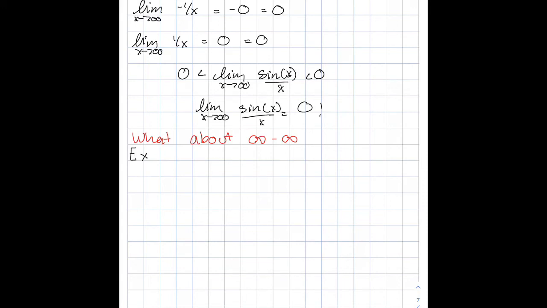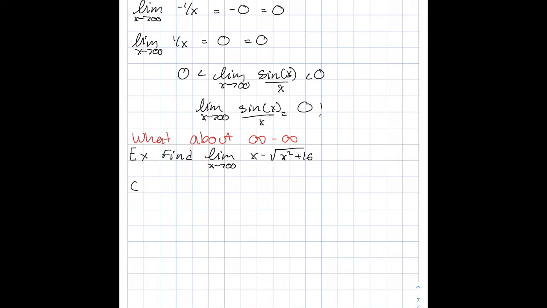So we're going to find the limit as x approaches infinity of x minus the square root of x squared plus 16. If we plug in a big number, I'm going to get a big number minus another big number.